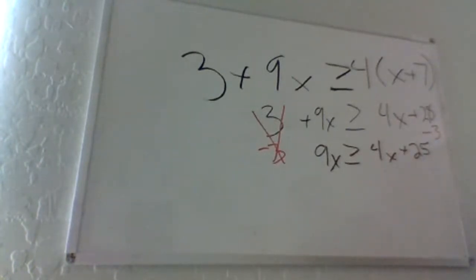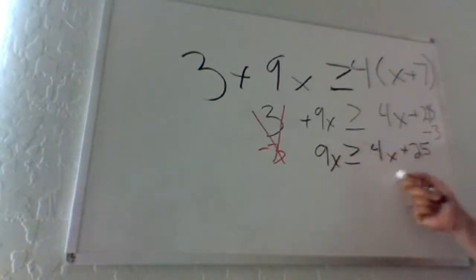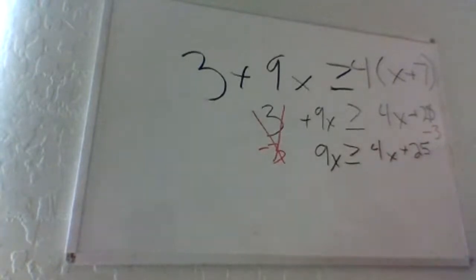Subtract 4x from both sides. Oh, subtract it. Okay. Sam, you were dangerous. Now, Diane, why do you think we would subtract it? Why are we subtracting 4x from 9x as opposed to 9x from 4x? Like, why are we doing it that way?